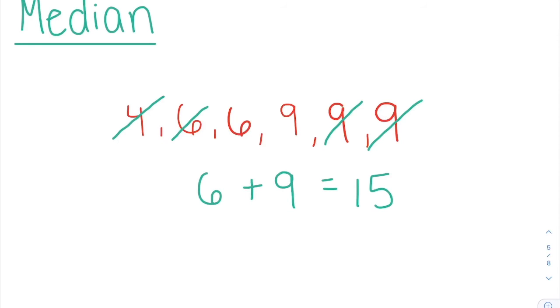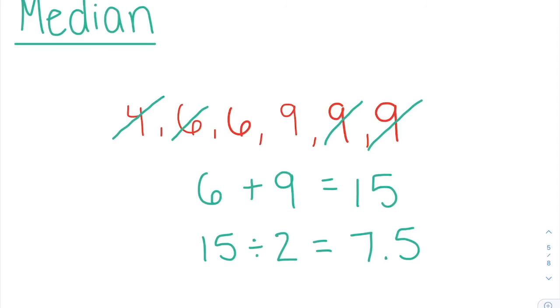And if you remember the next step in solving for a mean, you're going to divide the sum of the numbers by the number of terms. In this case, we only have 2 terms, 6 and 9. So we are going to divide 15 by 2, which is equal to 7.5.